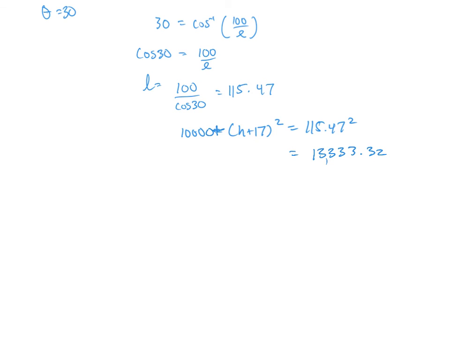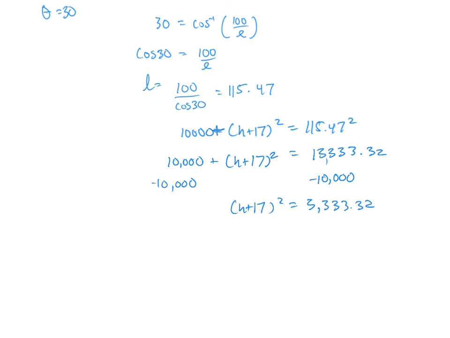So now (H plus 17) squared, subtract 10,000 from both sides. (H plus 17) squared gives me 3,333.32. Square root.